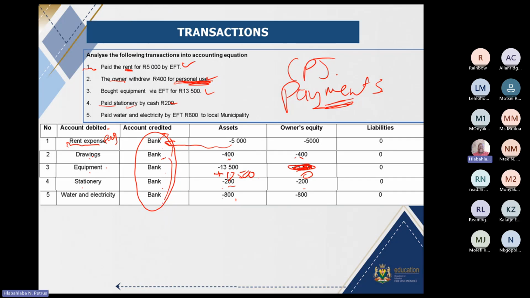Just remember, this is because we are doing the CPJ payments. When you deal with payments, the bank account always goes to the credit side, followed by the accounts that we are paying for.